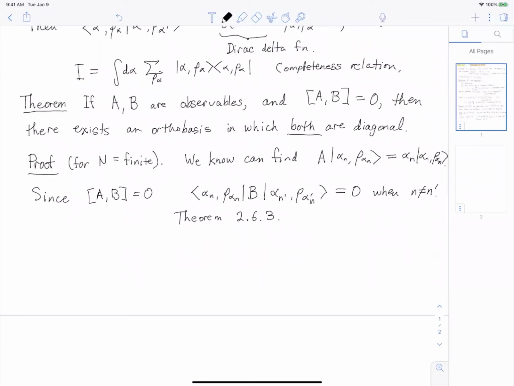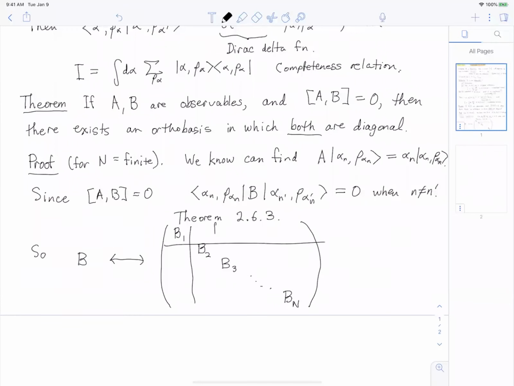So what does that mean about the matrix representation of B? It means that we can write B in matrix form in the following way. There's a block here that I'm going to call B_1, another block B_2, another block B_3, all on the diagonal part of this thing until we get to B_n.